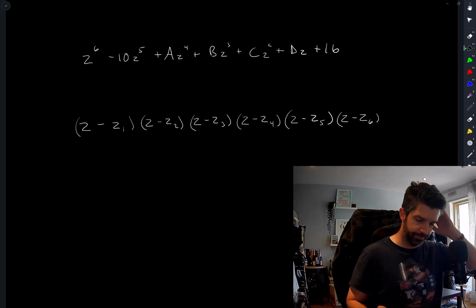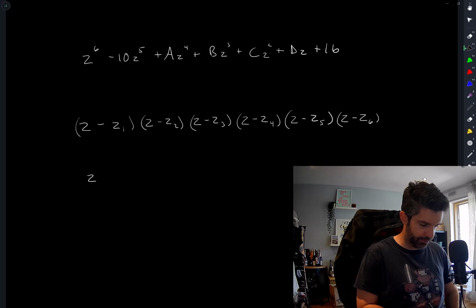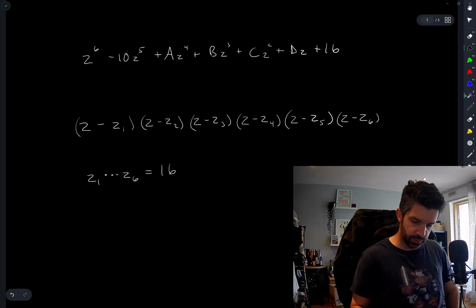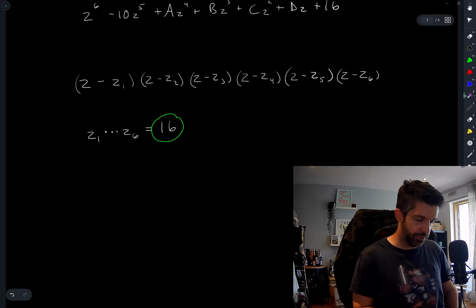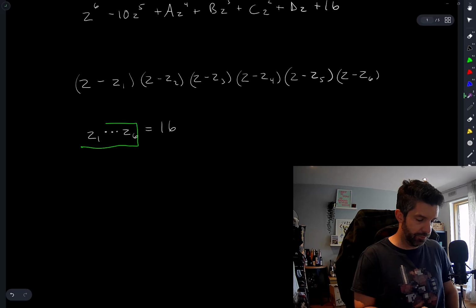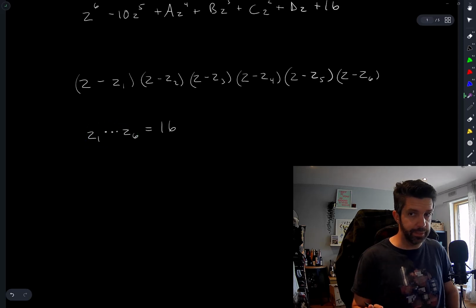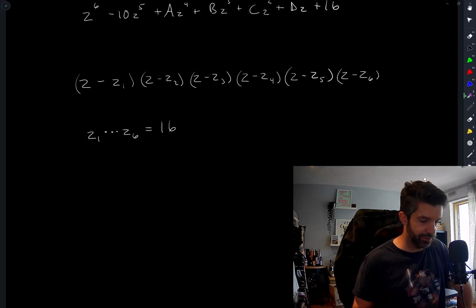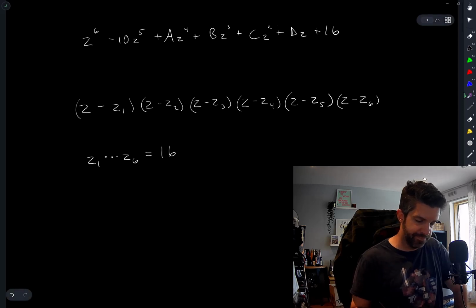Okay, so z1 multiplied all the way up to z6 is equal to 16. So, that's only 2 to the 4. So I know quite a few of these roots have to be 1, because all the roots are positive integers. So a lot of them have to be 1.